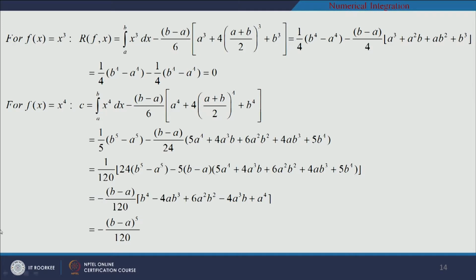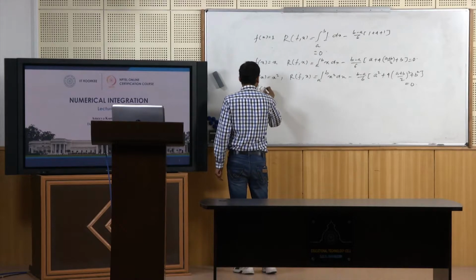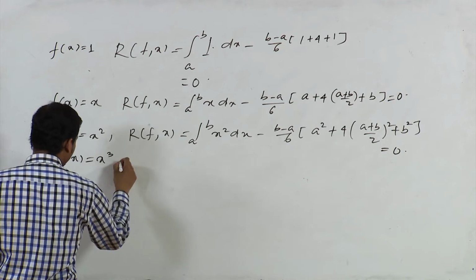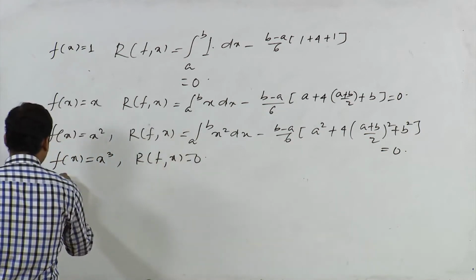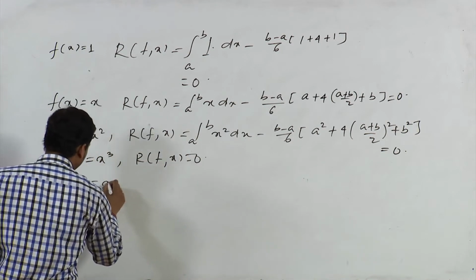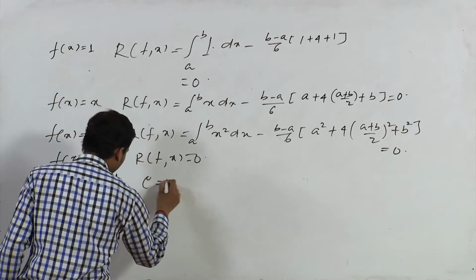So, that is why we have just to consider the immediate next term for this error, that is f of x equals x to the power 4. If you put f of x equals x to the power 4 here, we can compute the C term, since for f of x equals x cube, R of f of x equals 0.